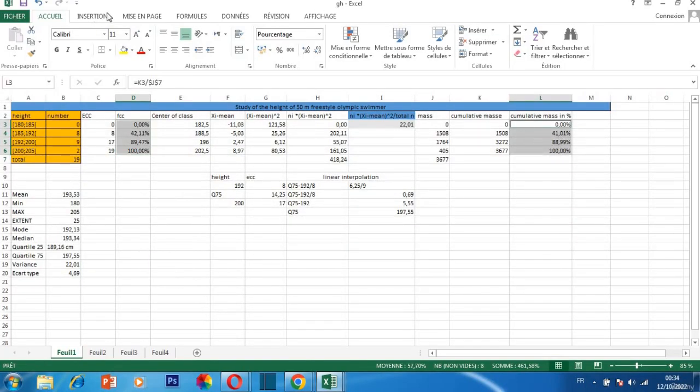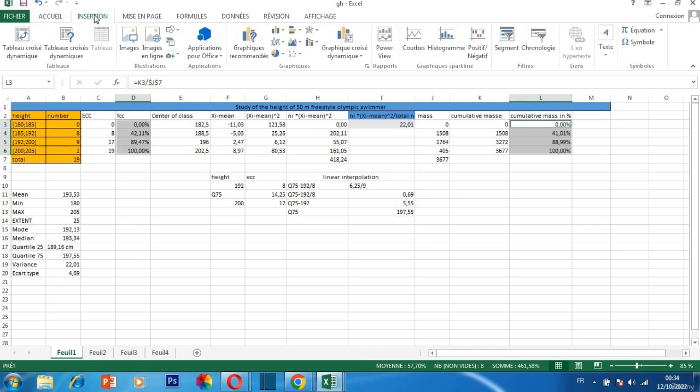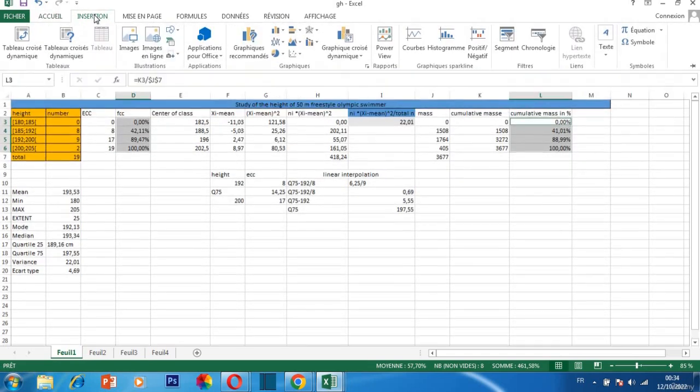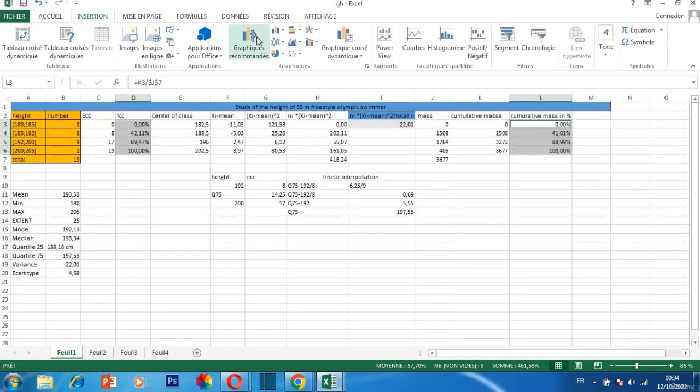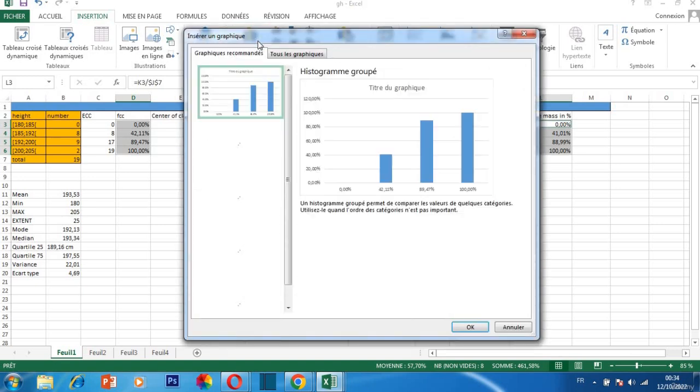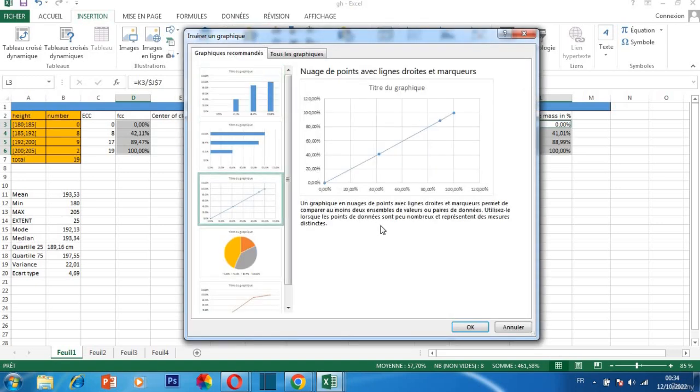We search here for insertion and graphics. We enter the graphic here.